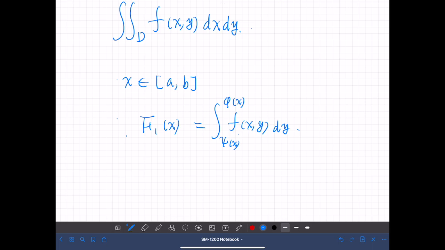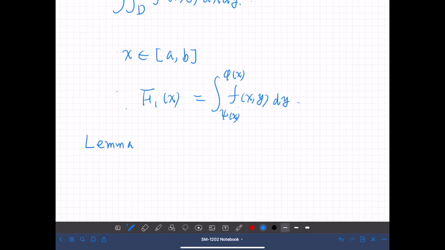Now, here's a lemma. This function, defined like this, is continuous on this interval.